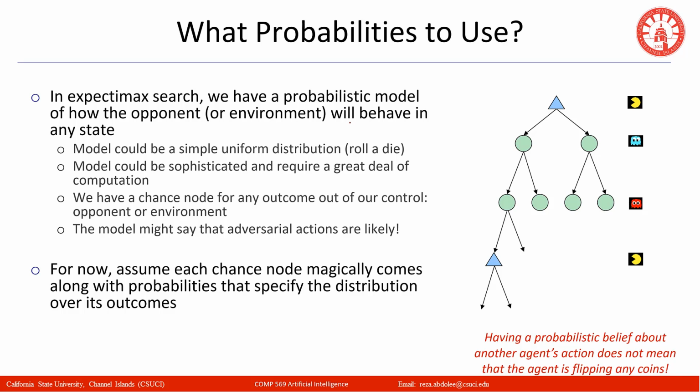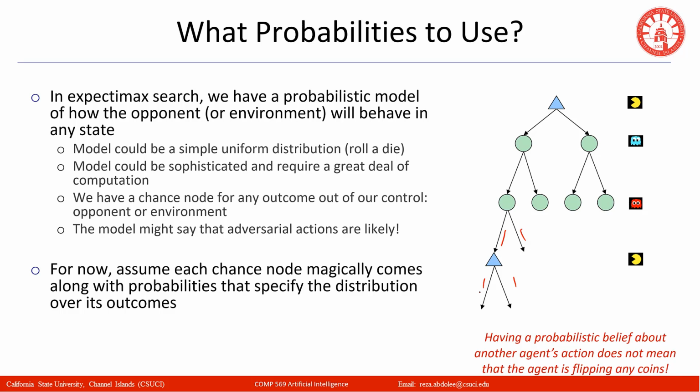Okay, so we talked about probability and the use of probability in expectimax. And somehow we said that we need to know the probability of having a move in all these directions. So how are you able to get those probabilities?